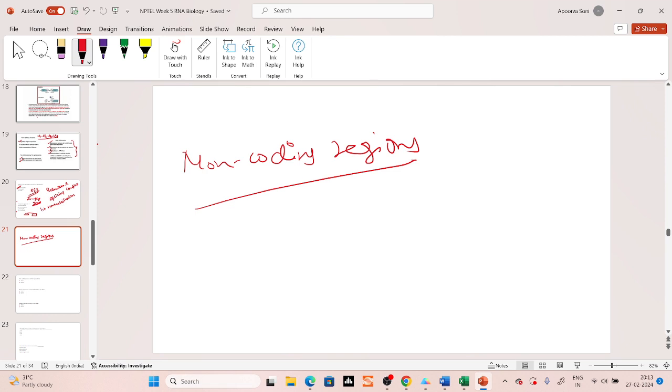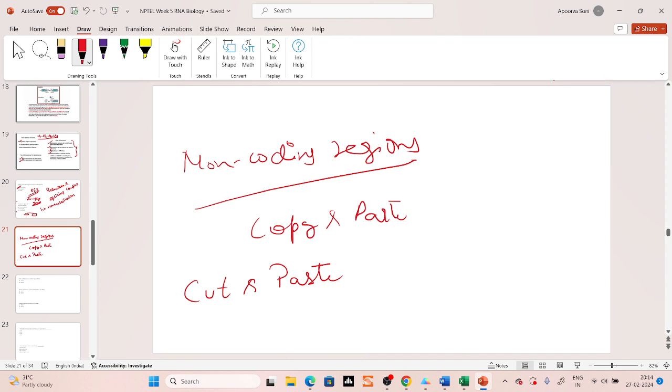That means by two ways. There is a copy and paste mechanism and there is a cut and paste mechanism. I'm sorry for my extremely bad handwriting. So what happens in copy and paste?